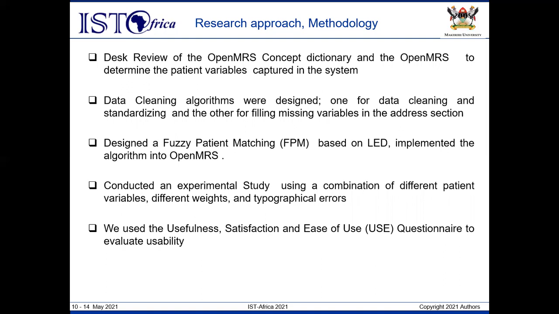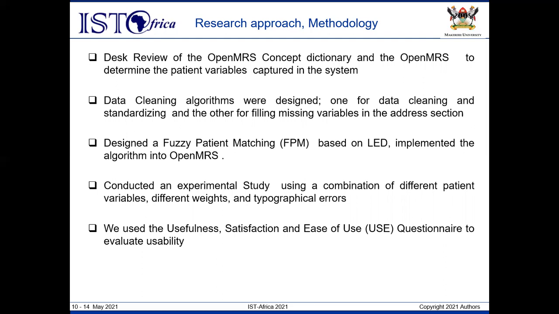We then designed a fuzzy patient matching algorithm, which is based on Levenshtein edit distance. Levenshtein edit distance is the number of insertions, deletions, and substitutions that are required to transform one string into another. Then we implemented this algorithm in the OpenMRS system.